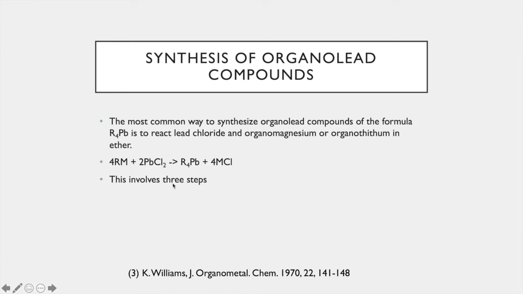There are 3 steps in that kind of reaction. First is reacting 2 RMgX, X being any halogen, with the lead chloride, producing R2Pb.